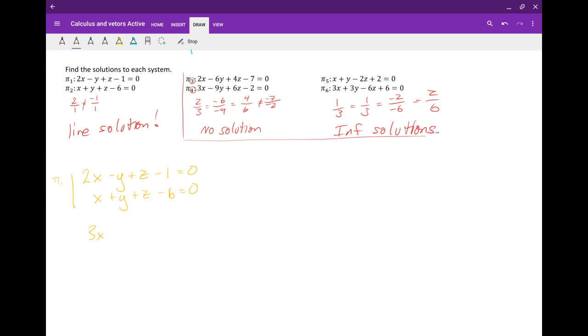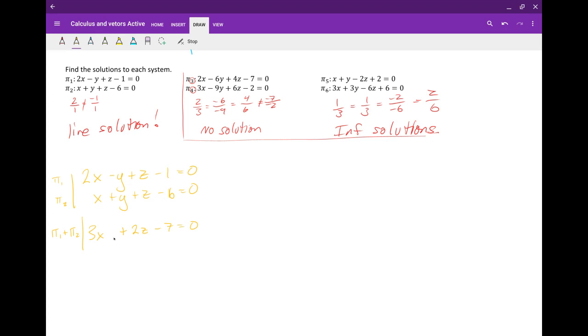This is called plane 1, and this is plane 2. So I'm basically taking plane 1 plus plane 2, and I'm writing it here. Then what's a negative y plus a y? That's 0. And what's a z plus a z? It's 2z. So plus 2z, and minus 7 equals 0, because a 1 and a 6 become a 7.